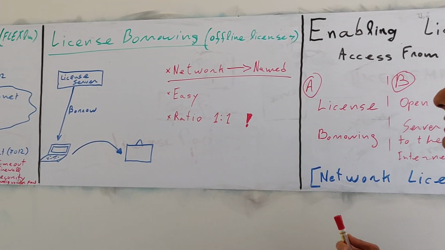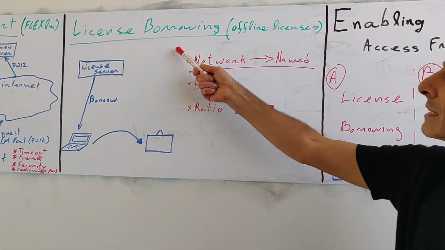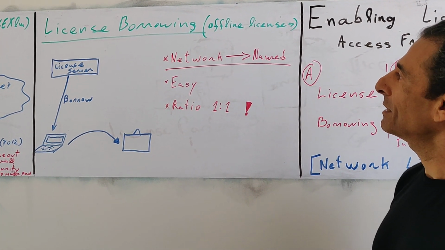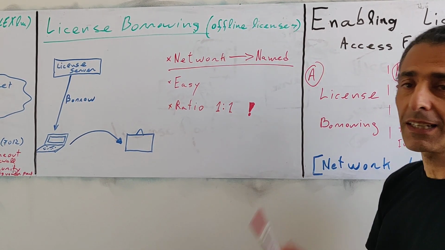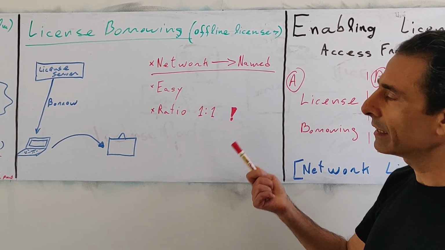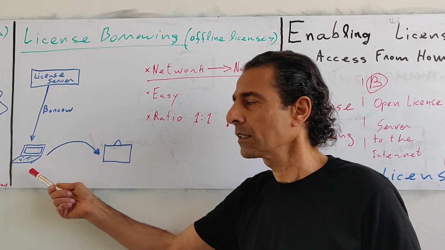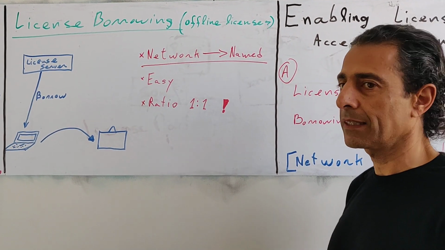So let's start with license borrowing, which is FlexLM terminology. In other license managers it might have another name, like offline licenses, and the idea is simple. You go to the office, connect your machine to the license server, and borrow the license.